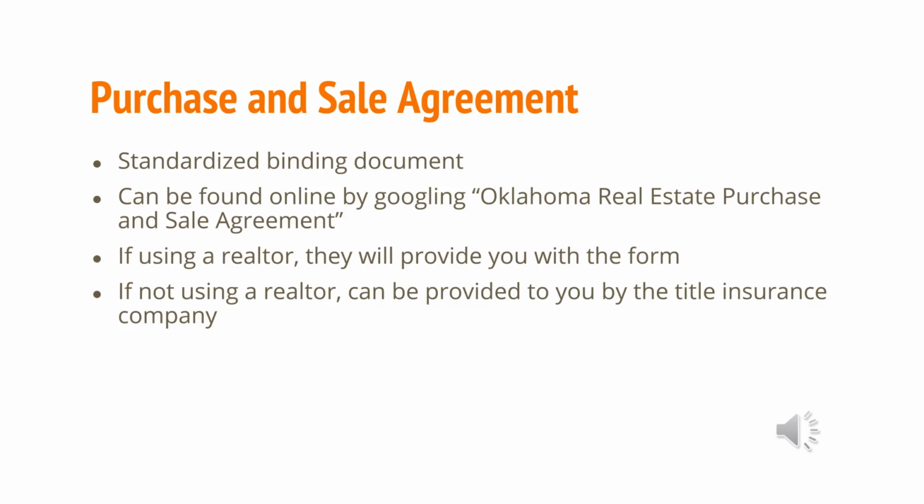Typically, this can be found online by Googling Oklahoma real estate purchase and sale agreement. I used Oklahoma as an example, but you can type in any state and you'll find it. If you're using a realtor, typically they will complete the purchase and sale agreement on your behalf. If you're not using a realtor, sometimes it can be provided to you by the title insurance company.